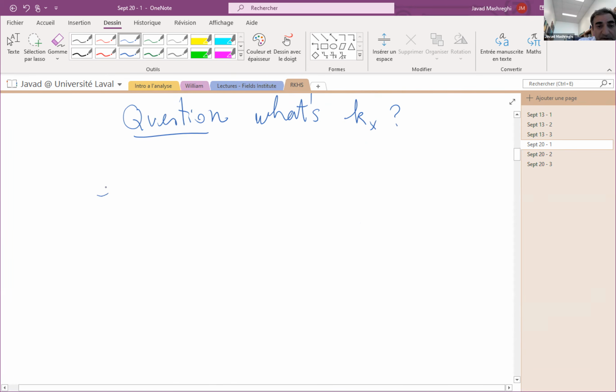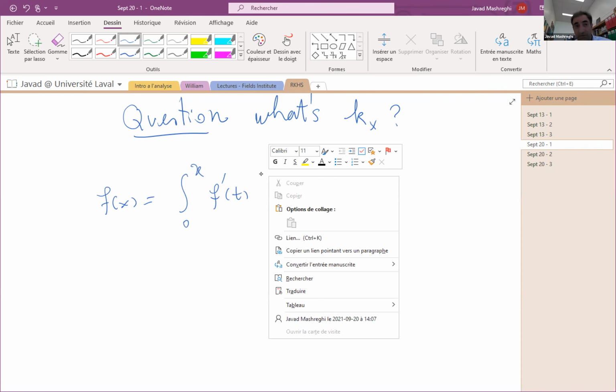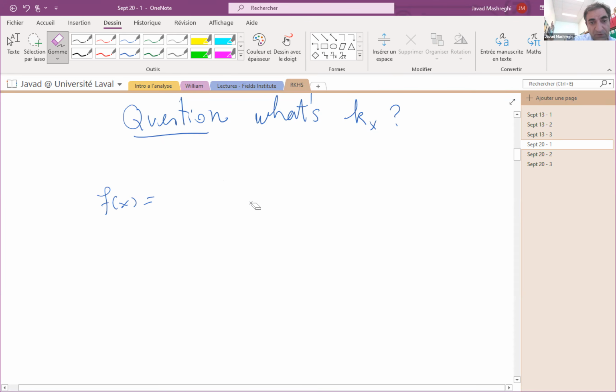So let us start with f(x) equal to the integral from 0 to x of f prime(t). No, sorry, not this one. We know this is true, but we start from the fact that f(x) is given by the inner product of f with k_x.